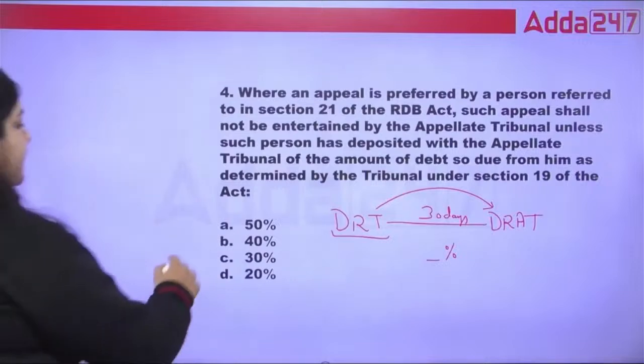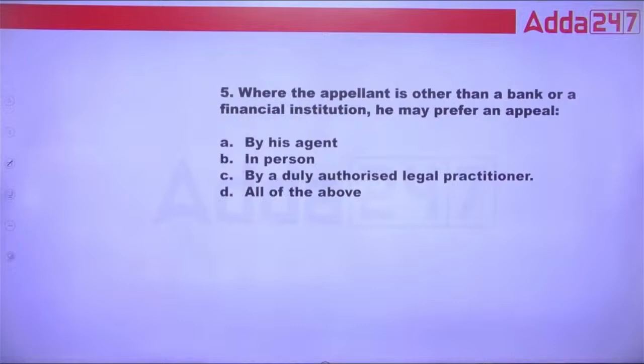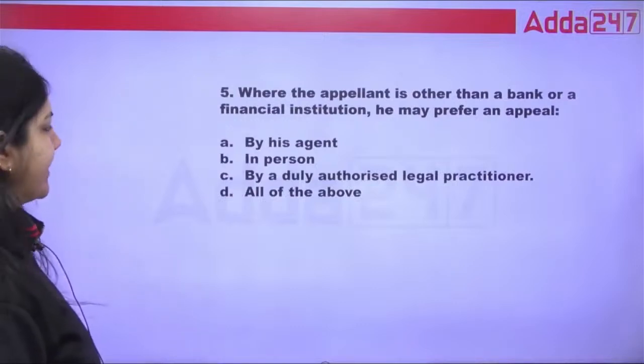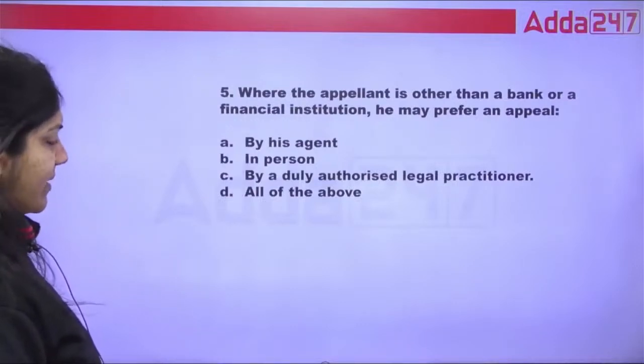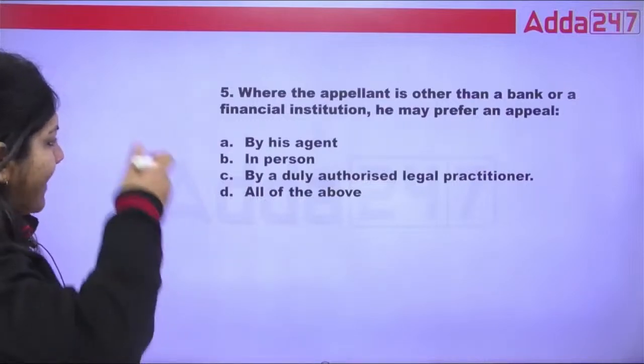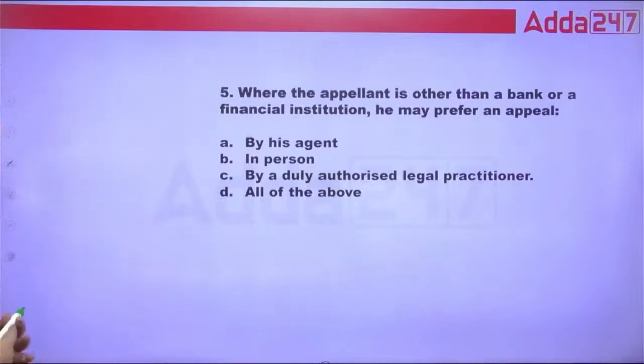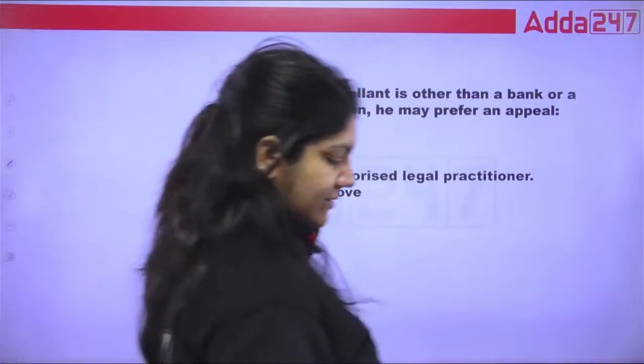The right answer is 50%. Okay, next. Where the appellant is other than the bank and financial institution, he may prefer appeal to what? He may prefer an appeal by his agent, in person, by a duly authorized legal practitioner, or all of the above. What is the right answer?